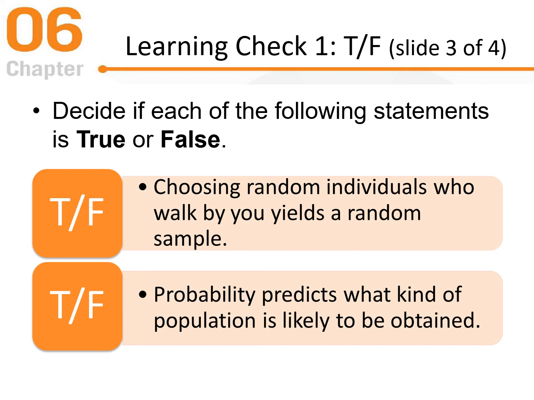Let's look at this true-false statement. Choosing random individuals who walk by you yields a random sample. Well, I just kind of said that before when I talked about convenience sample, which is the people that are kind of around you and you can put into your sample. So people that walk by you aren't random at all. Maybe if you go to class and you take a night class, maybe the people that walk by you are the night students.